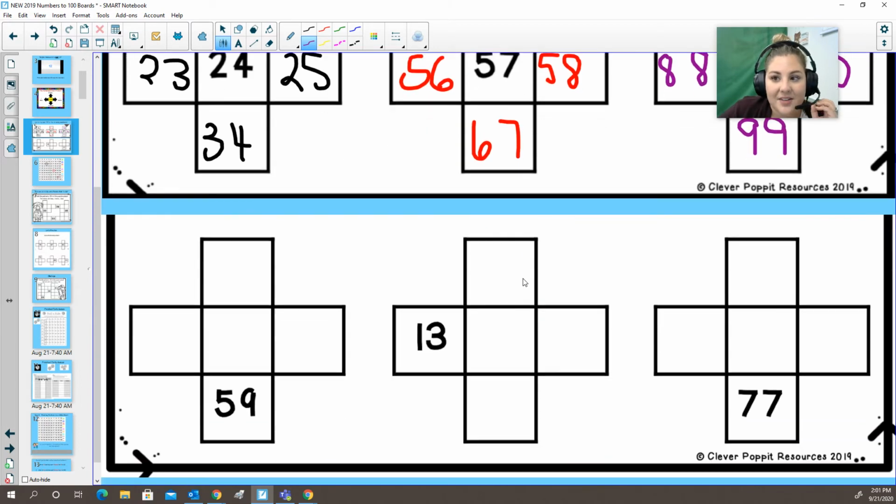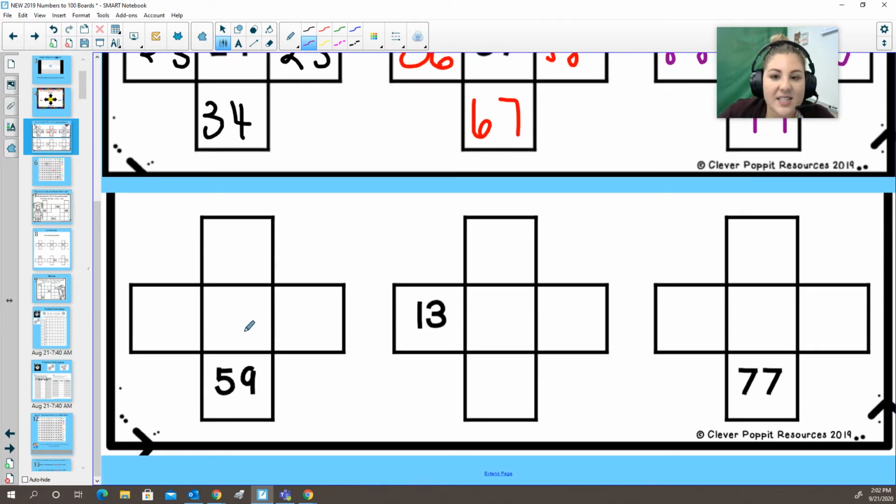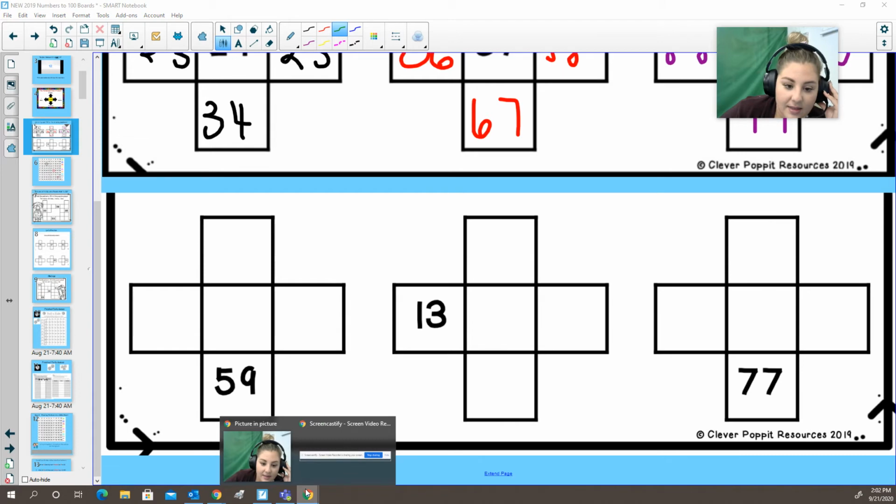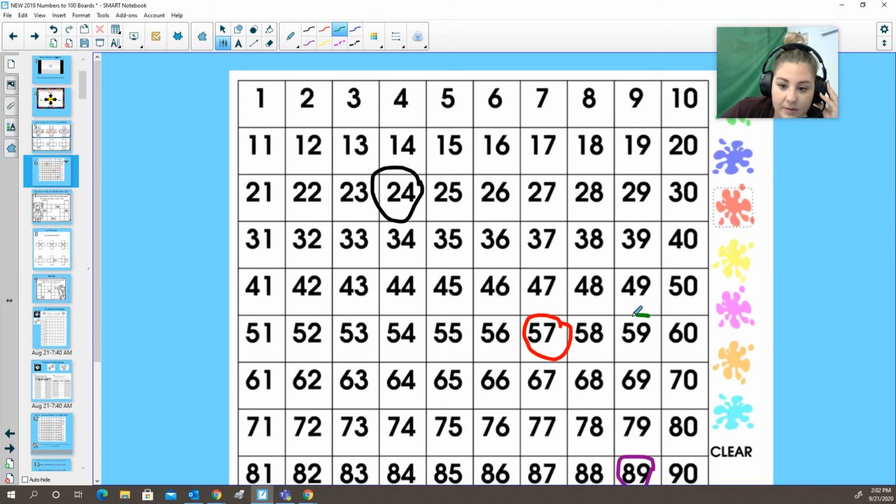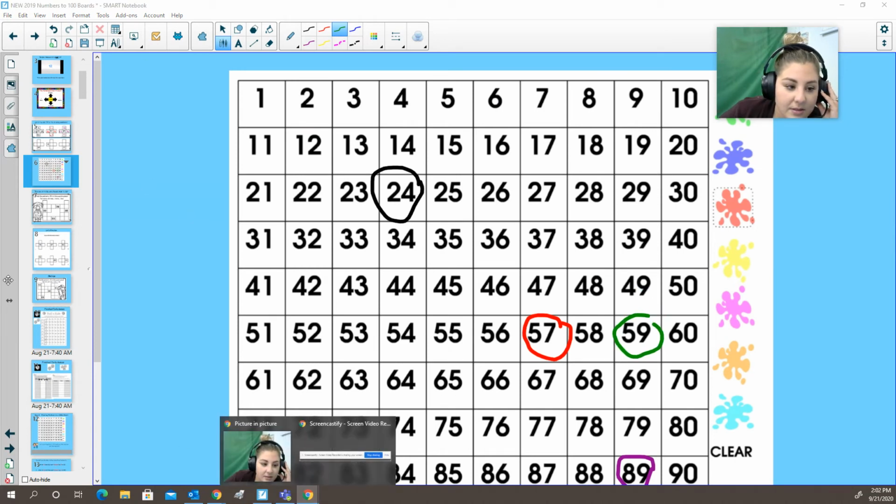All right. Now, this is a little bit more of a challenge. It doesn't give us the number in the middle. Isn't that so crazy? Do you think we can still do it? I think so. All right, 59. So what would be 10 less than 59? Because we're going backwards. 49. You got it. Good.